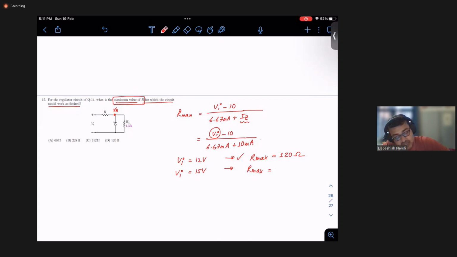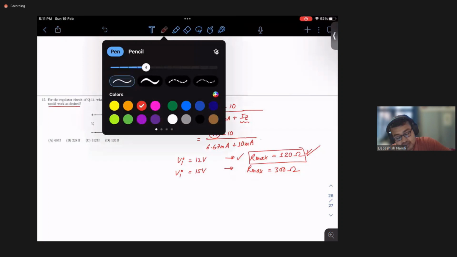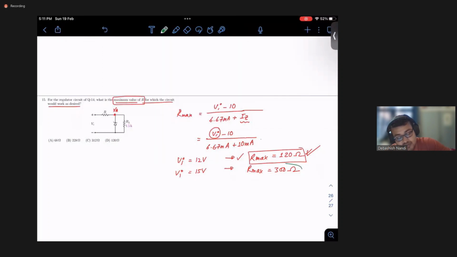Again, you check which will be the right answer and which will violate some condition, right? How do you check? Same principle. You design it to 300 ohm, use the opposite corner voltage, that is 12 volt, and you check with your conditions.